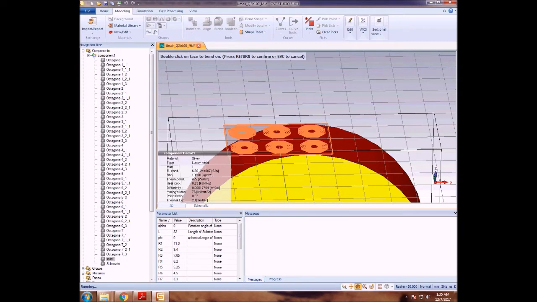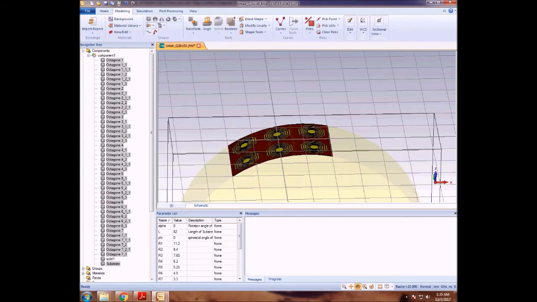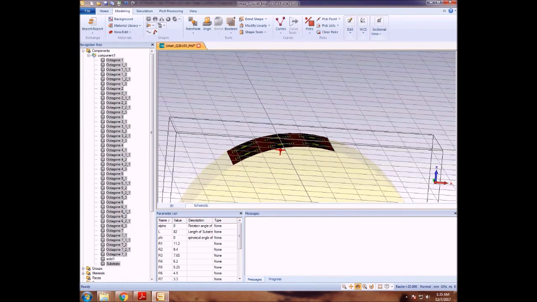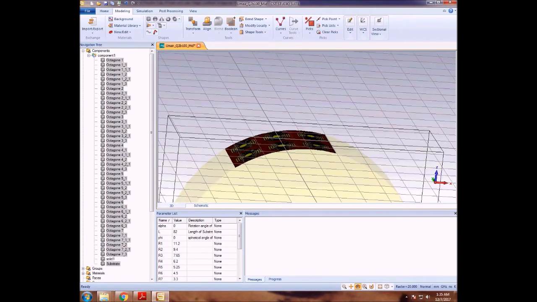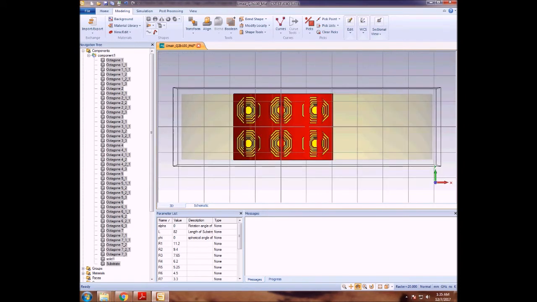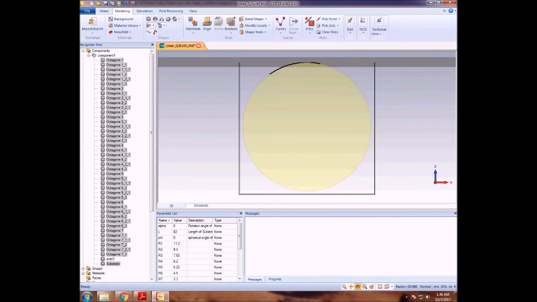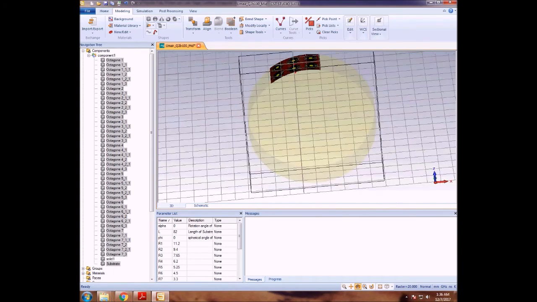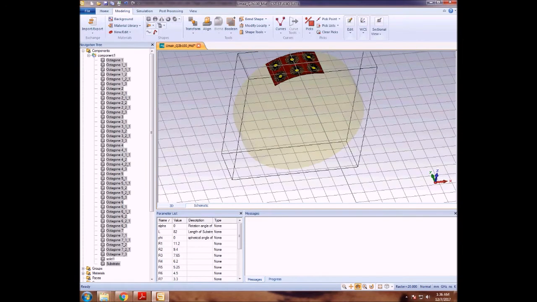So we will double click on this and press enter. It will take some time. Now you can see the shape is bent on this surface. The shape is bent on the spherical surface.